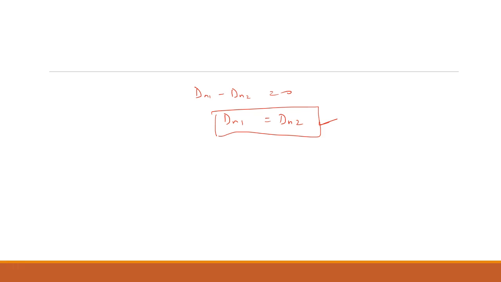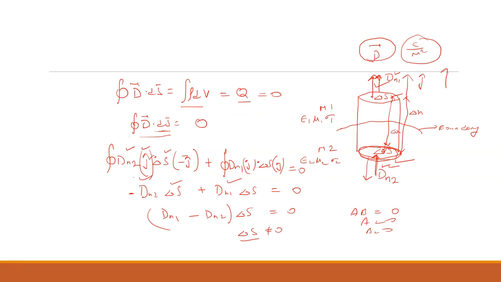Now, the second case, if there is charge present, or you can say if it is a metallic surface, and if there is a charge, then integral of D dot ds equals to Q. Now Q is not 0 here, so just like expanding this relation, the right side will not be 0.